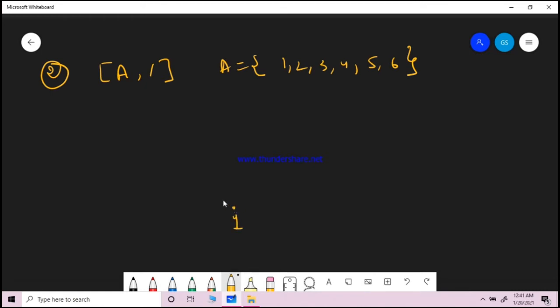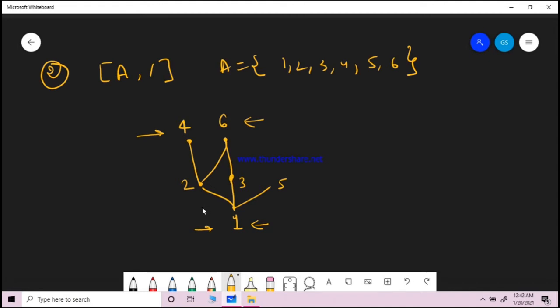So this 1 is directly connected to 2, 3 and 5. Okay, now remaining elements are 4 and 6. So this is connected to this, and 6 is connected to both these. Now you can simply see that in the lower level we have only one element, in the upper level we have 4 and 6, two elements.